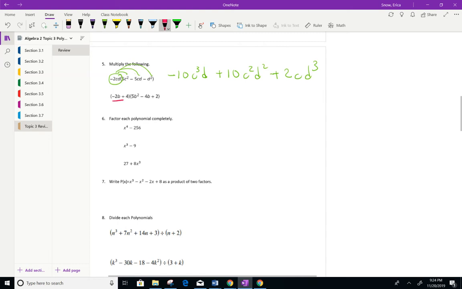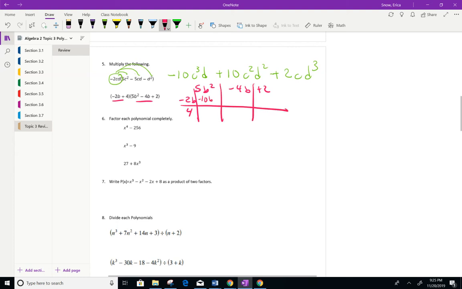Now for this one, we have to do a little bit more work. So we're going to have 5b squared minus 4b plus 2 and negative 2b and 4. Do our box multiplication here.